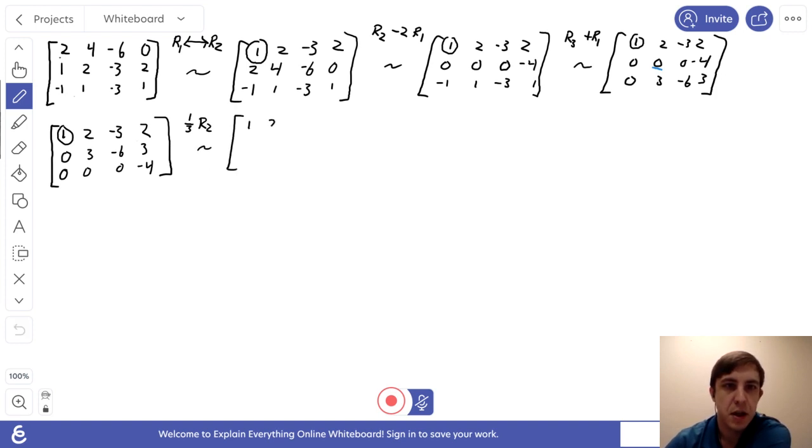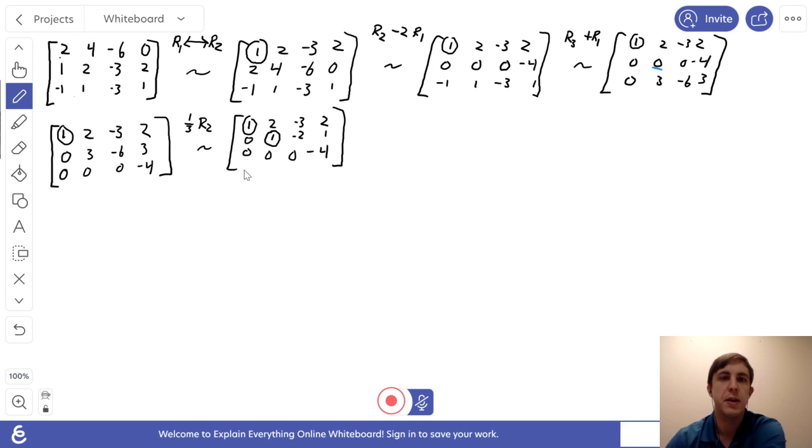Go ahead and write down the top row and the bottom row, because those aren't changing. We'll multiply our second row by 1/3, so that's still a 0. We get a 1, a negative 2, and a 1. Now we have a 1 where we want it.